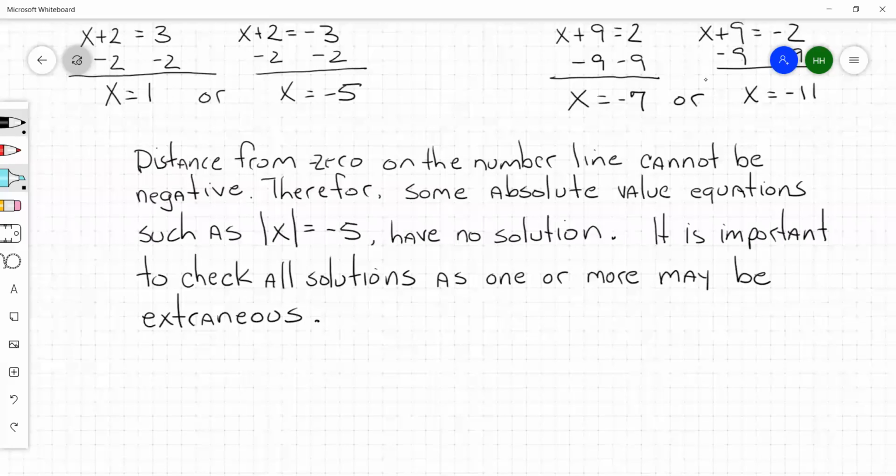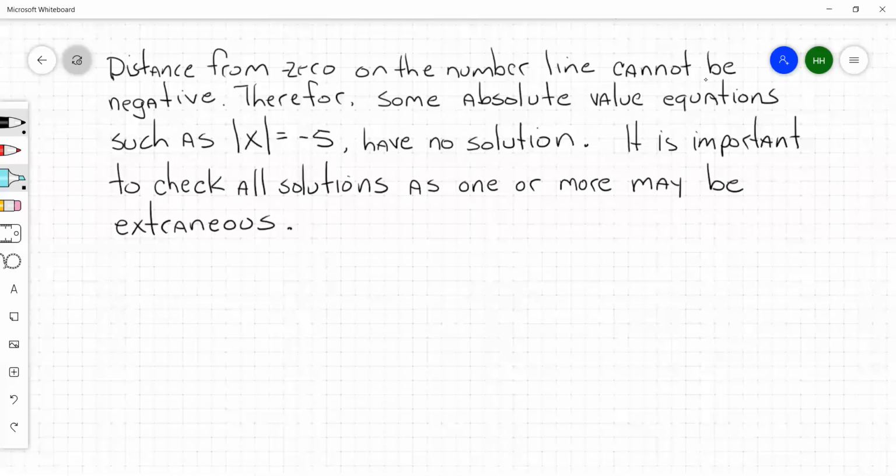So what they're saying is that when you solve an absolute value problem and you get your two answers, you have to plug them back into the original equation to see if they work. All right? Because sometimes you can get an extraneous solution.